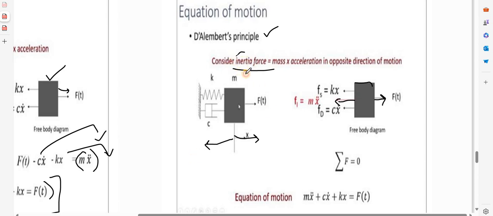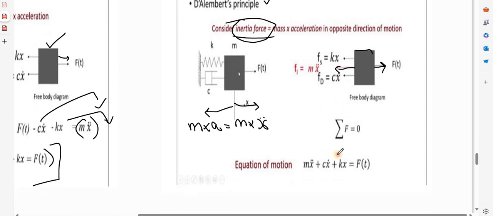That force is equal to the inertia force. Inertia is equal to mass into acceleration. So what is acceleration? Acceleration we represent as x double dot, so the inertia force is m x double dot.